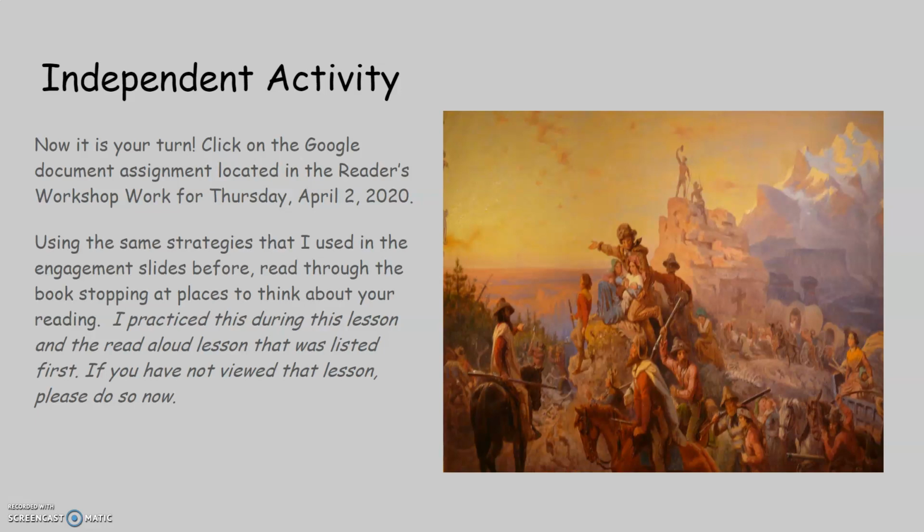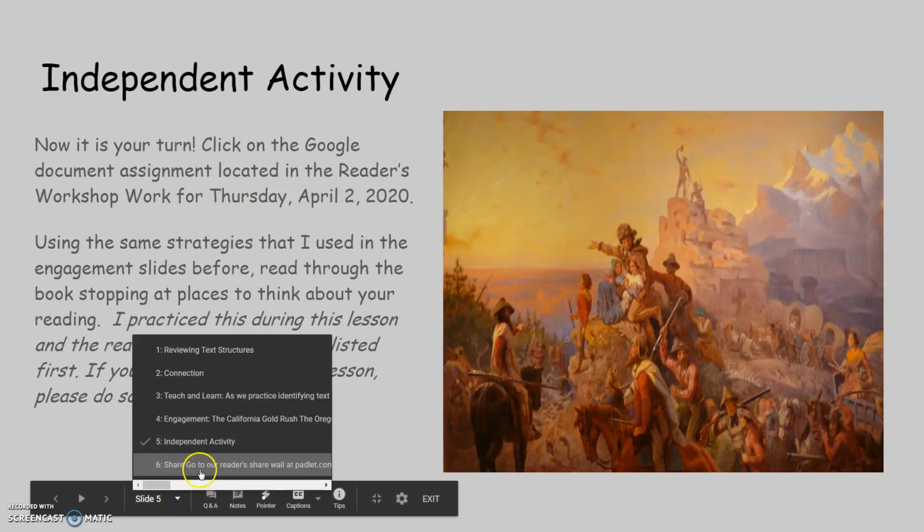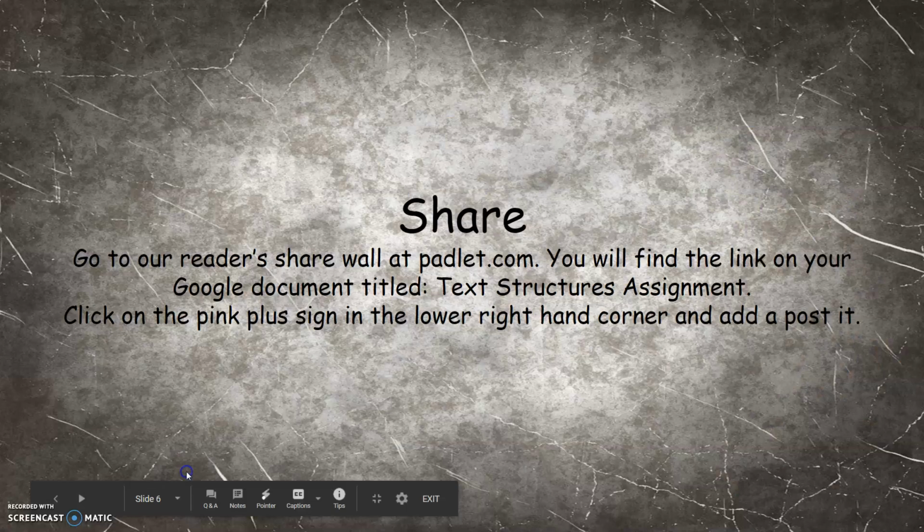And if you haven't visited that read aloud yet, please do so. It's very informative. And after, I want you to go out to our share wall, just like I had you do the other day, and put a Post-it note answering the question that's on the share wall. There'll be a link on your Google document.